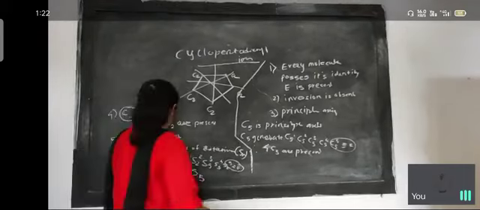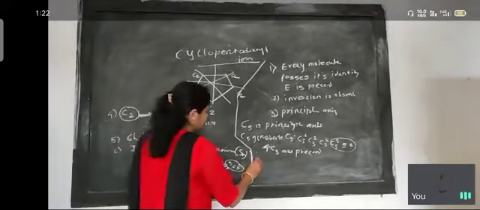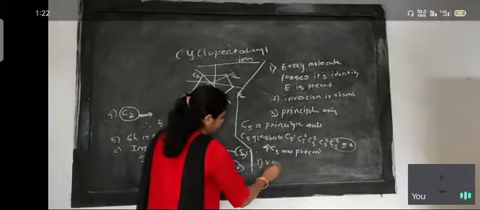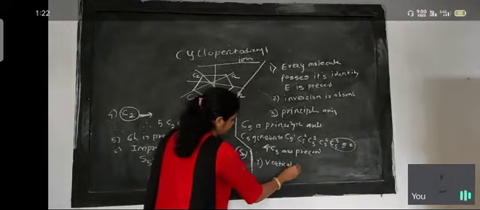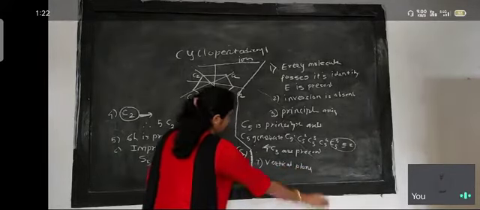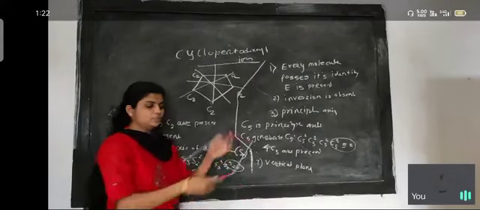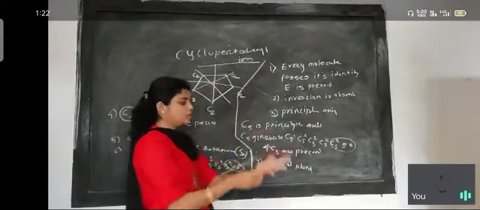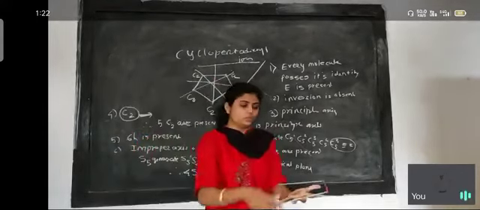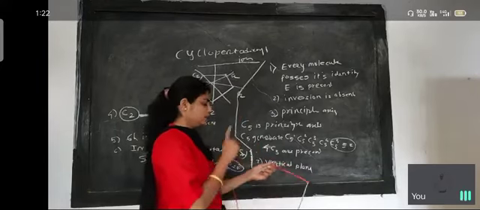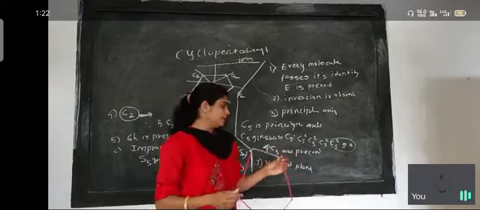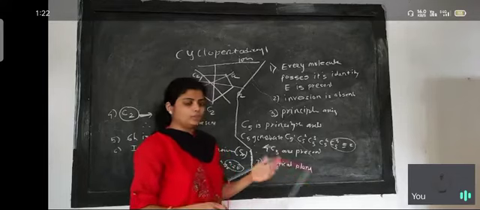The next plane is the vertical plane, number 7. See here, this molecule is planar, that means all the bonds are present on the plane, so sigma h is present in the cyclopentadienyl ion. Then next is the vertical plane. What is meant by a vertical plane?